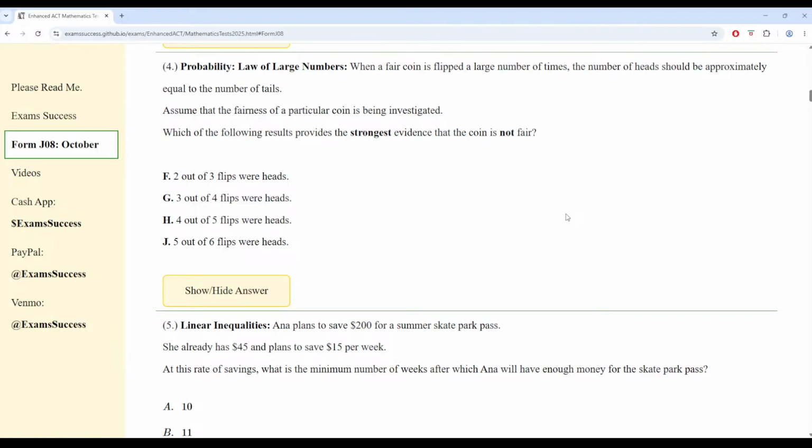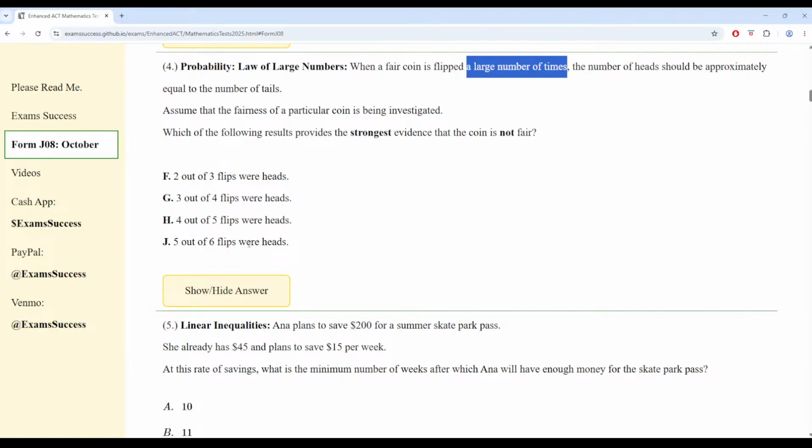So it says, which of the following results provides the strongest evidence that the coin is not fair? Okay, so the law of large numbers: a large number of times is the key phrase, you have to do it a large number of times. So in this question, you look at which of these flips is the largest. The 6 flips is the largest.